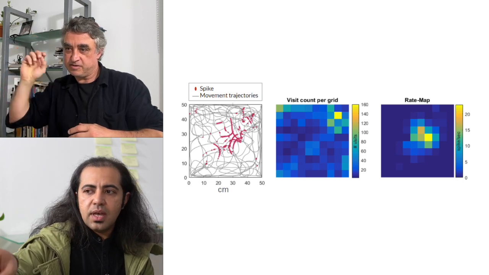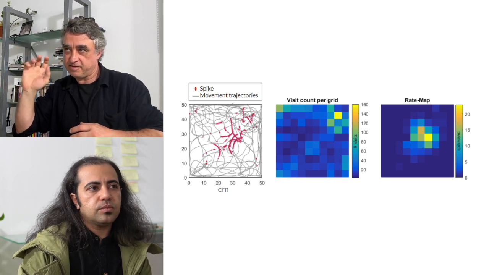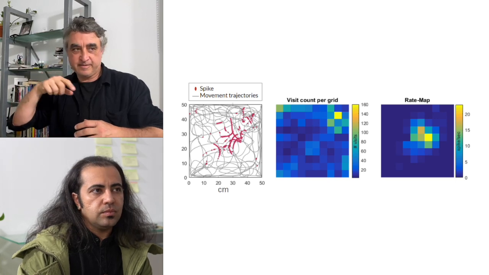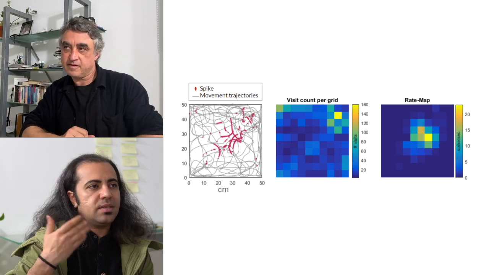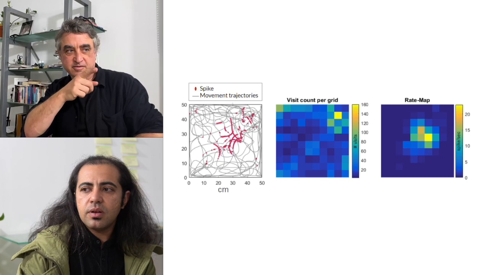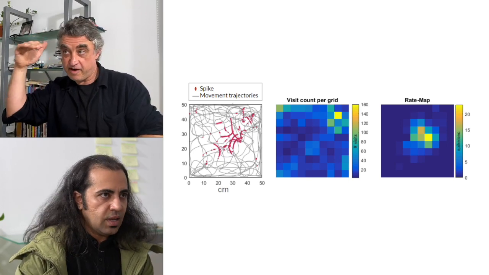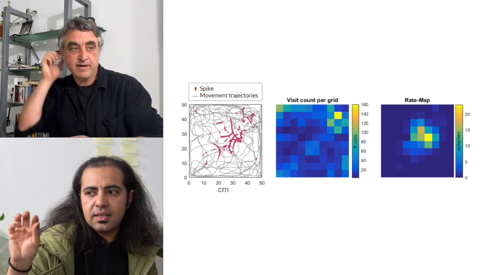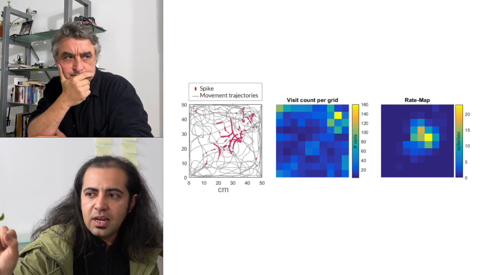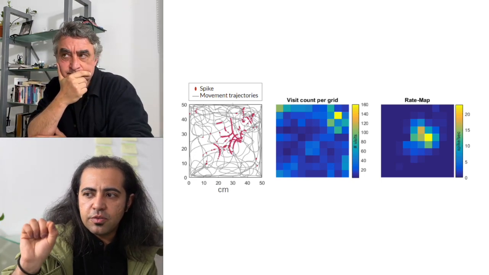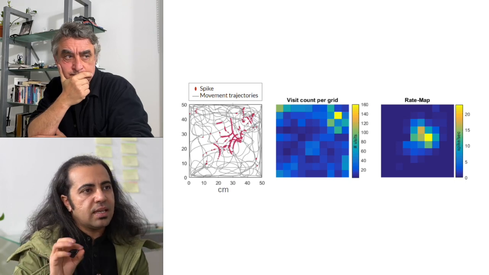Exactly. So neurons tend to fire at a frequency, right? And so the higher the frequency is, the more responding the neuron. So the yellow dot would be when that place cell is on average firing. Yes, that's at a high frequency, exactly. The yellow area is the place field, the location where this cell is responding to.